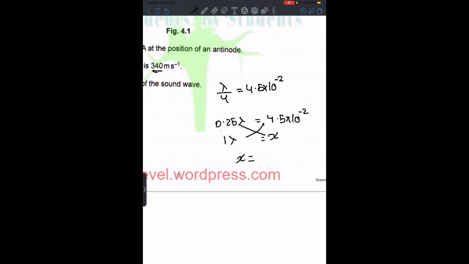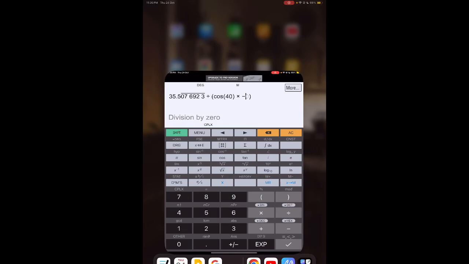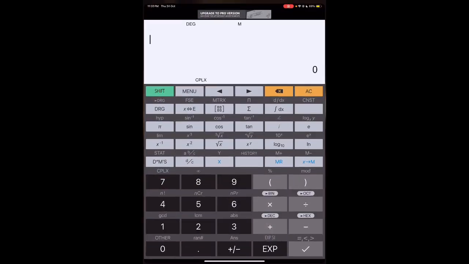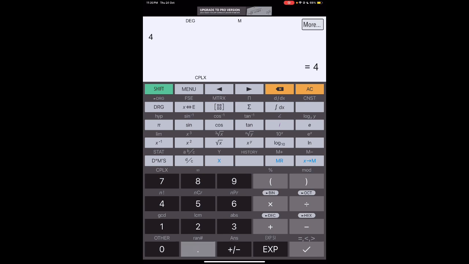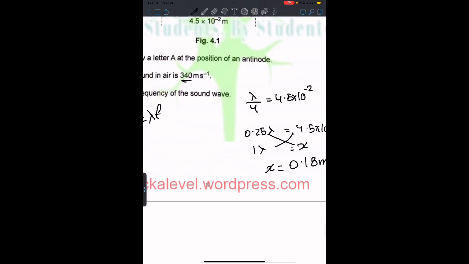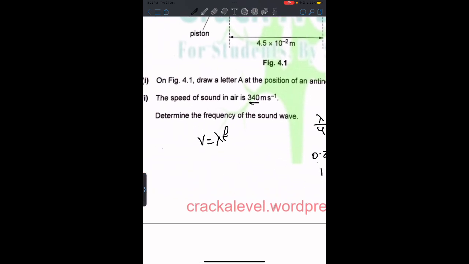That is 4.5 × 10^-2, the quarter, divided by 0.25, so you get 0.18 meter as the length of one wavelength.